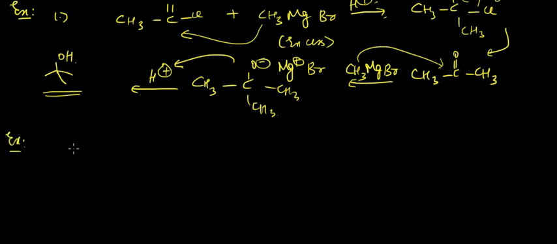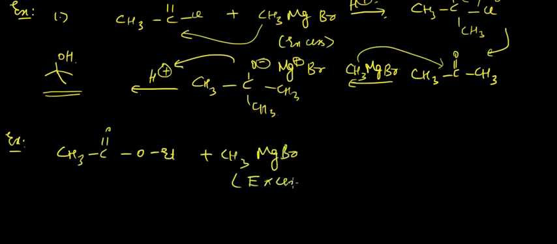Here we have the second example, wherein we have something like this, an ester group. Again, with the ester group, we are having CH3-MgBr in excess quantities with an acidic medium. What will happen again is, it will directly attack on this carbon atom.